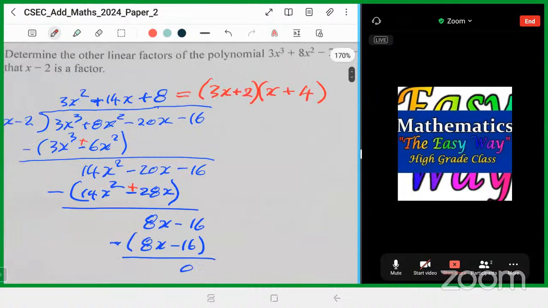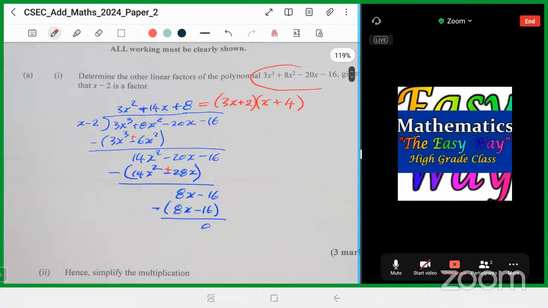So these are the other two factors, because I have this one. These are my answers right here in red. My other two factors are in red.